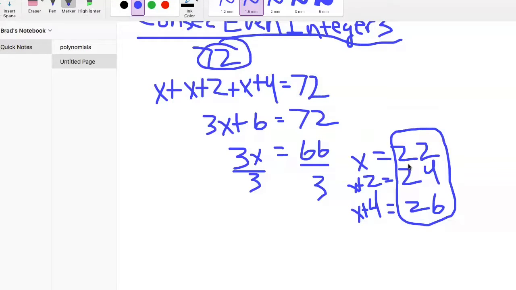So we got 3 even numbers that add up to 72. They're consecutive even numbers, meaning they go 22, 24, 26. It doesn't go like 22, 26, 30 or something like that. So they need to be consecutive, the next possible even number. And once we've done that, good to go.